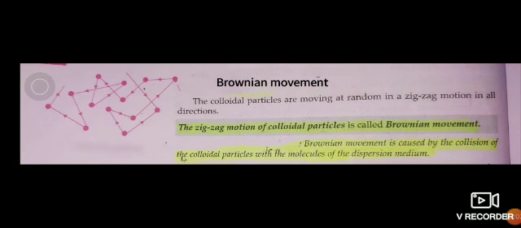Now moving to the next topic, which is Brownian movement. As we all know, there are particles present in the solution. If I take the example of colloidal solution, then there are colloidal particles in the solution, and the zigzag or random motion of the colloidal particles in the solution is known as Brownian movement.